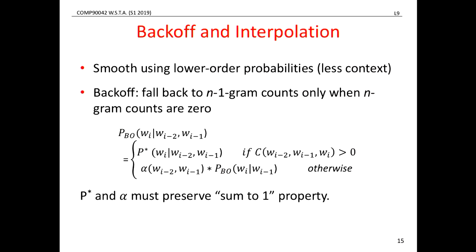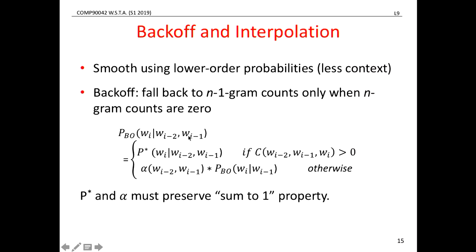Okay, so back off. This is the idea of saying if we have a high-order model, it needs a lot of context, it's very sparse, so we're going to try and use lower-order models to fill in for it when this model is not very accurate. Back off is one of the simpler strategies for doing this, and the idea is shown here. The notation gets a little bit more involved, but I'll go through some of the factors in a sec.